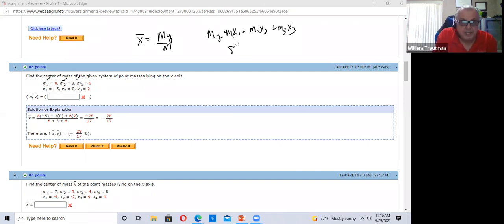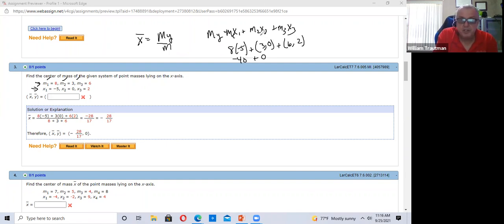Mass 1 is 8, x1 is -5 from over here. Mass 2 is 3, x2 is 0, and mass 3 is 6, and this is 2. So this is -40 plus 0.